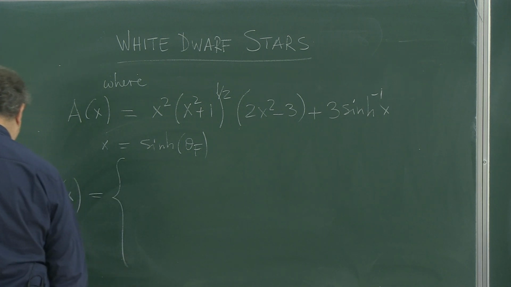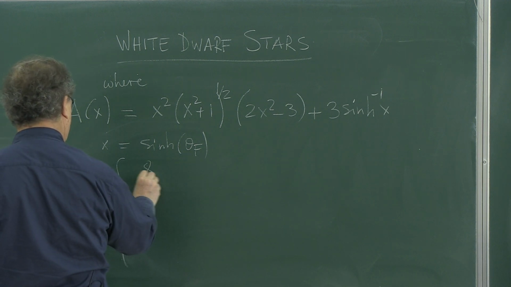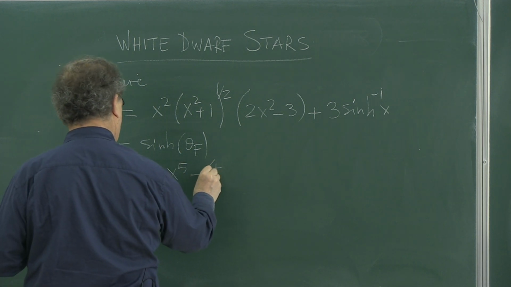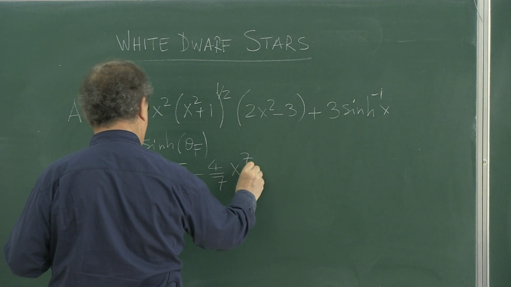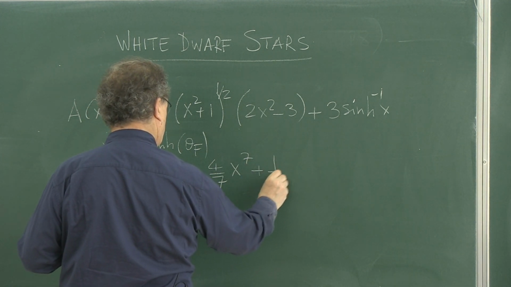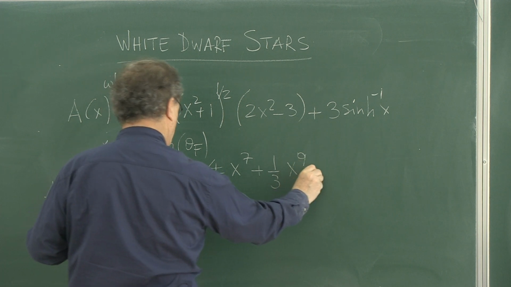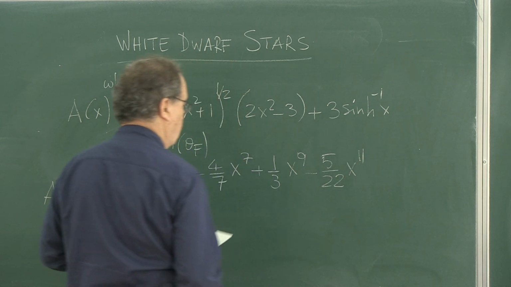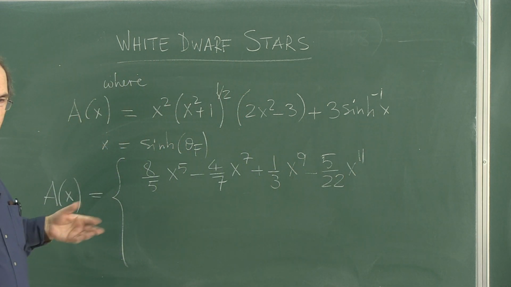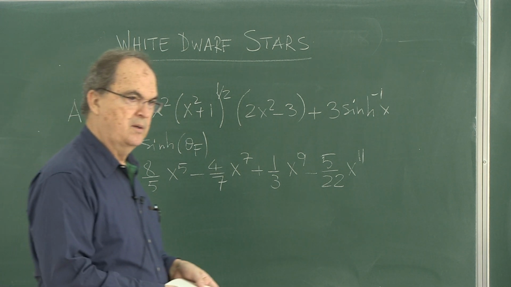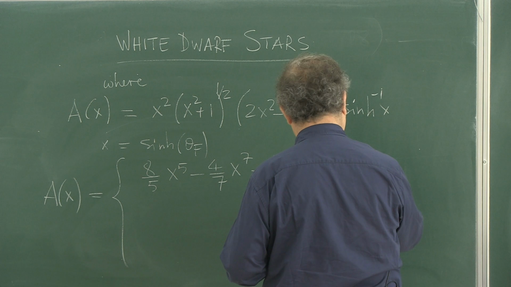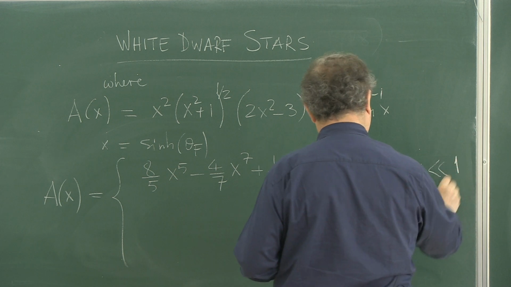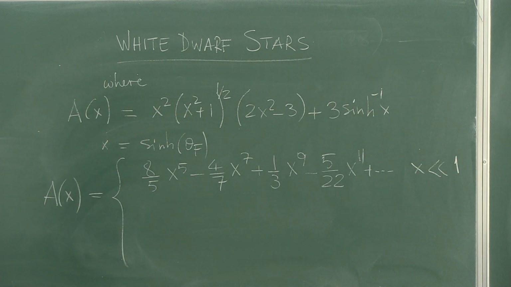For small x, this turns into 8/5 x to the 5 minus x to the 7, plus 1/3 x to the 9, minus 5/22 x to the 11. If x is small, the higher order terms get smaller and smaller rapidly, so you don't have to keep going.